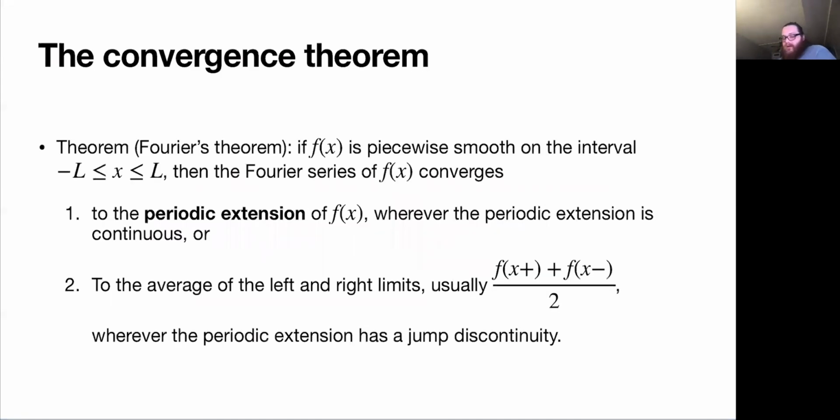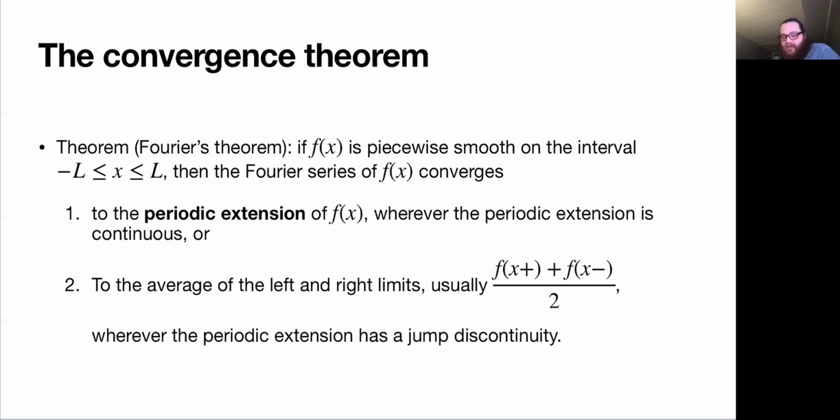So the theorem is the following. Suppose we have a piecewise smooth function f of x, defined on the interval -L to L. And then we compute the Fourier series, so we consider a sub 0 plus the sum of a sub n cosine of whatever, plus the sum of b sub n sine of whatever.